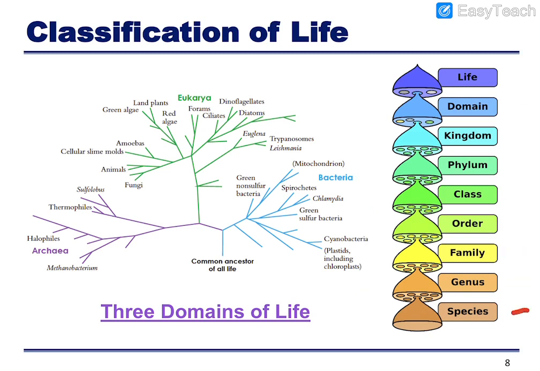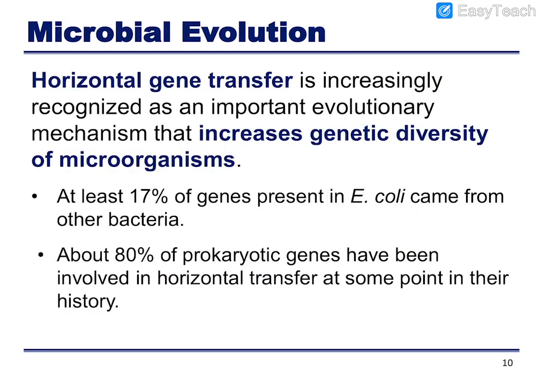In terms of taxonomy, species would be the most specific classification, and then genus. Both species and genus go together with something called binomial nomenclature, which we will be talking about a few slides from now.